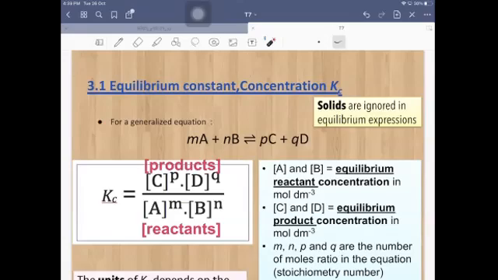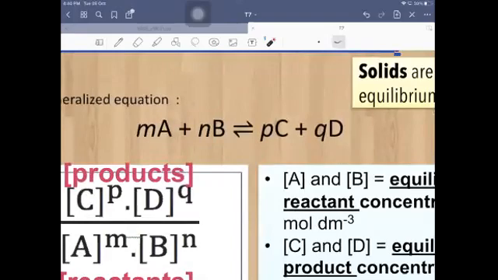If we have a general equation of reactant A reacting with reactant B to produce product C and product D, these letters M, N, P, Q are the mole ratios, or we call them stoichiometric numbers, okay?